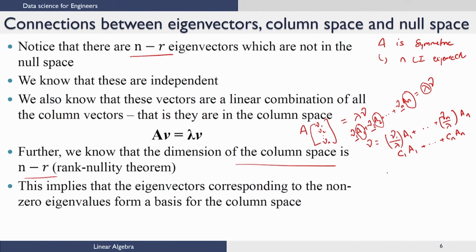In other words, if you take all of these columns A 1 to A n, these can be represented using just n minus r linearly independent vectors. Now, when we put all of these facts together, which is that the n minus r eigenvectors are linearly independent, they are combinations of columns of A, and the number of independent columns of A can be only n minus r, this implies that the eigenvectors corresponding to the non-zero eigenvalues for a symmetric matrix form a basis for the column space.